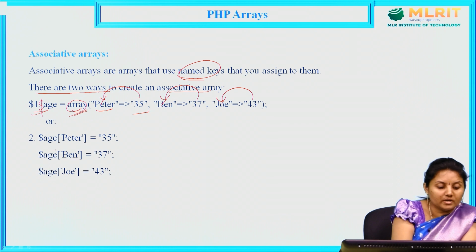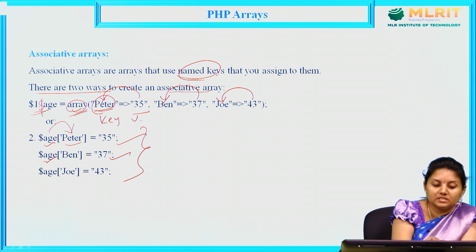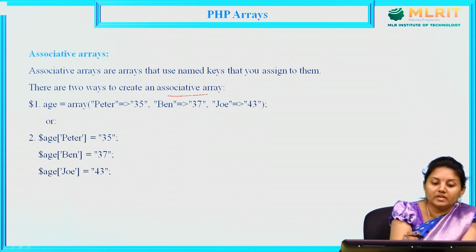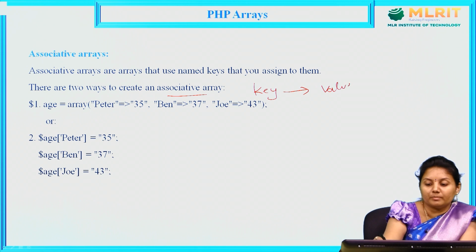So, when you want to print the age of Peter, 35 is getting printed, and for Ben, 37. Named keys means this is the key and this is the value. When you call a particular key, its value will get printed. So, associative arrays support the key-value format.